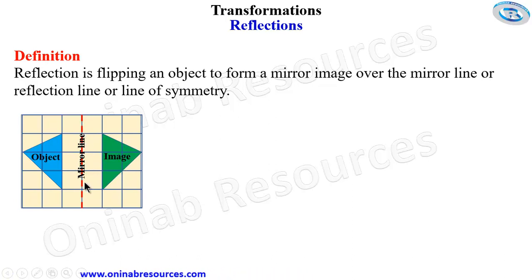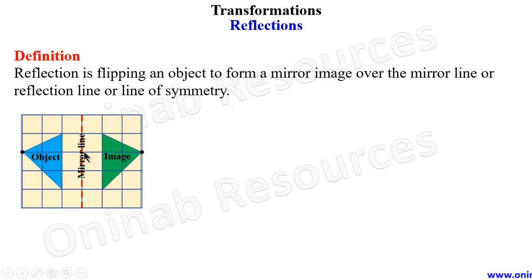At every point, this mirror line is the line of reference. As it is called the line of symmetry, it is midway between every point from the object to the image. For instance, the farthest point is this vertex. If you count 1, 2, 3, that is 3 units from the mirror line.